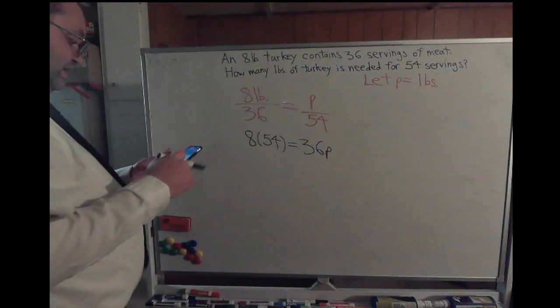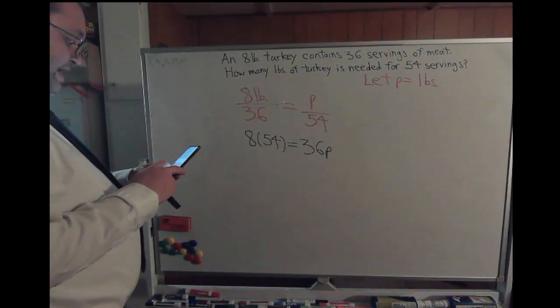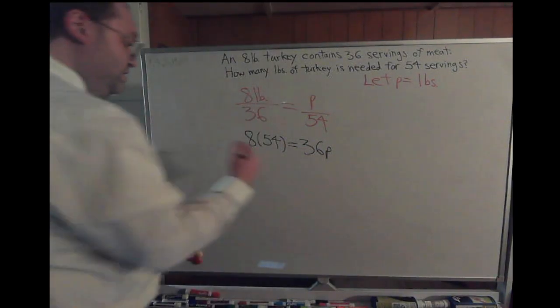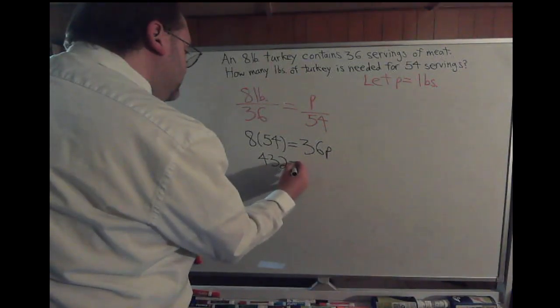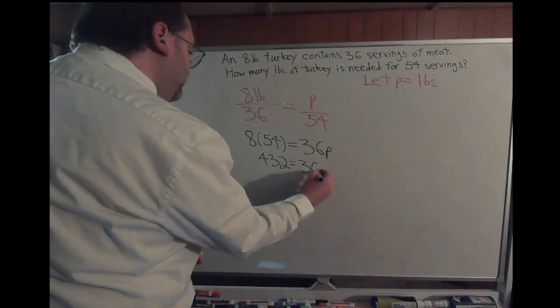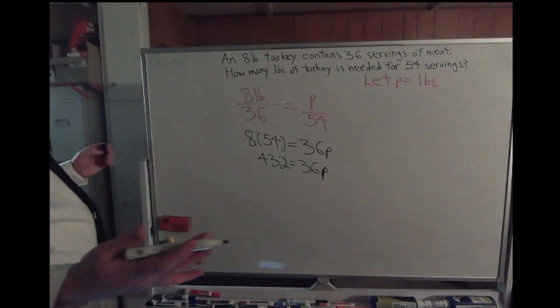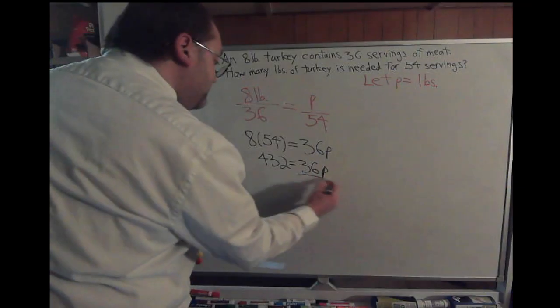Of course, what is 8 times 54? That's 432. So we would have 432 is equal to 36P. Now all we need to do, we need to get P by itself to solve for it to get the number of pounds we need. We got to divide both sides by 36.